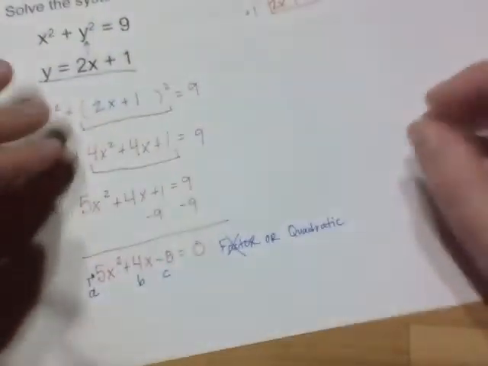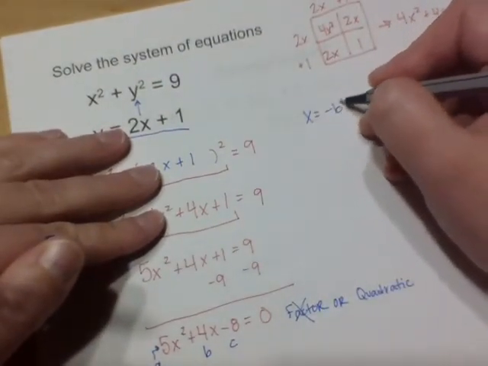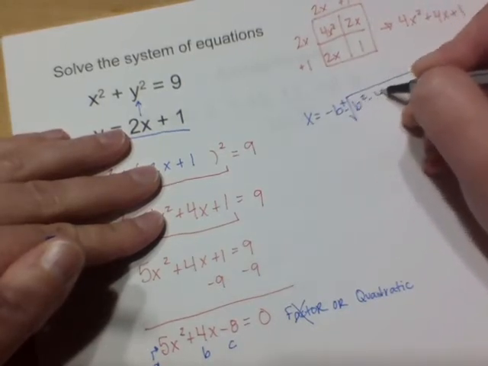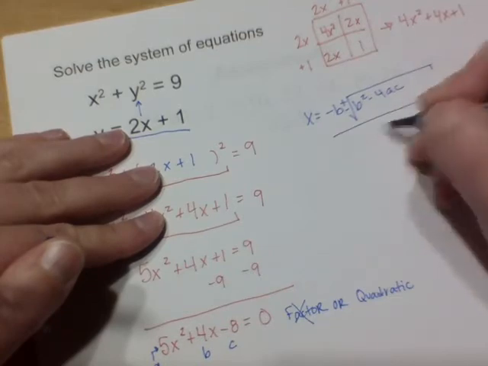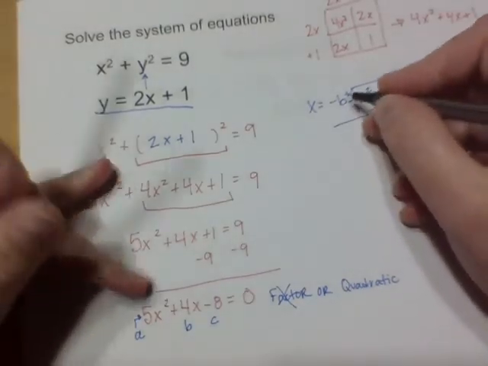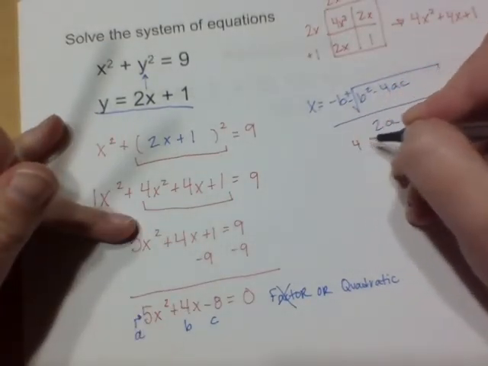So remember that the quadratic equation says that x equals negative b plus or minus the square root of b squared minus 4ac all over 2a. So we're going to plug in each of those numbers. And so negative b is actually going to be negative 4.